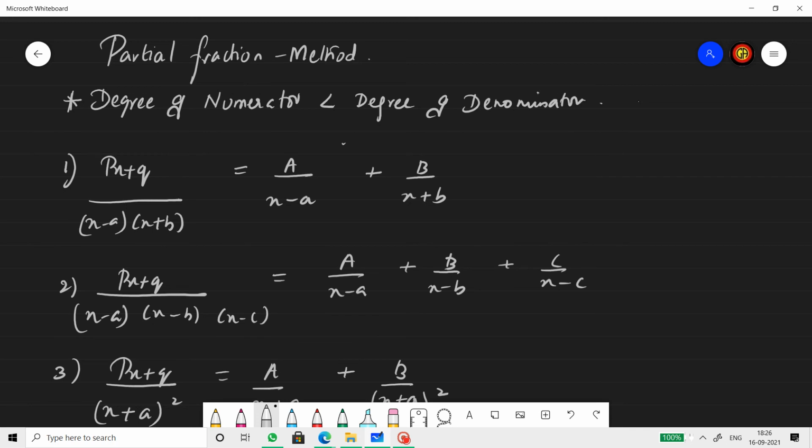So before you start partializing a given sum, which means before you split them, make sure that the degree of the numerator is lesser than the degree of the denominator. Even equal to will not work. If the degree of the numerator is equal to the degree of the denominator, even then you will miss some terms if you start proceeding with partial fractions. So we have to do some homework before we start partial fractions, in case the degree is not lesser.